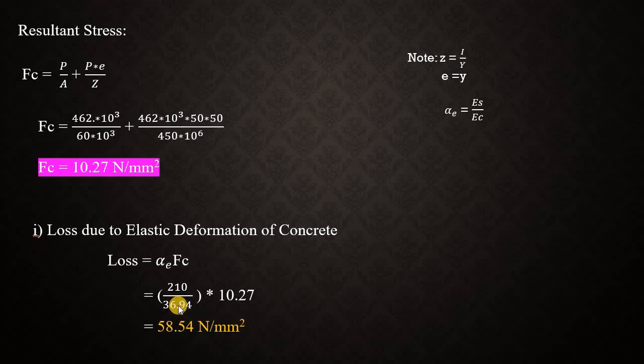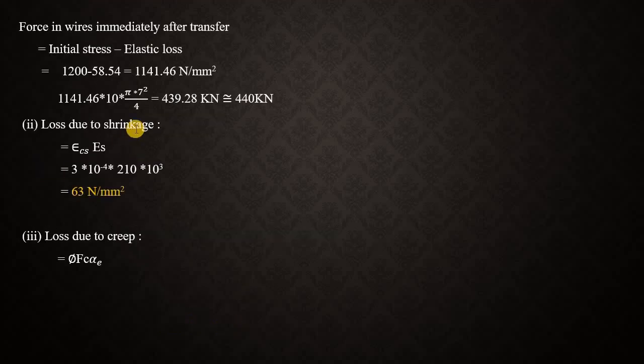You just check with the conversion into Fc value. So we'll get a loss of 58.54 Newton per mm square as the elastic deformation loss. This is important for the further calculation. I will show you what is the further important calculation here.